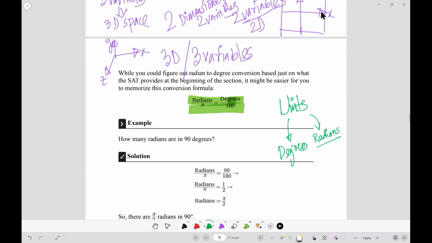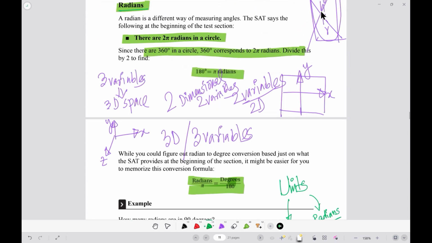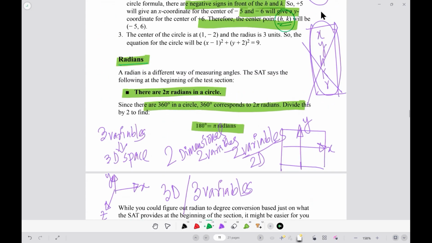We are going to talk about radians, because a radian is a type of unit of measuring angles. We are interested to measure an angle, and we can use the radian unit.